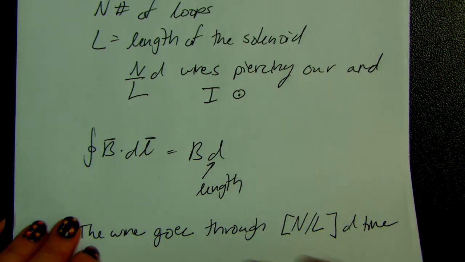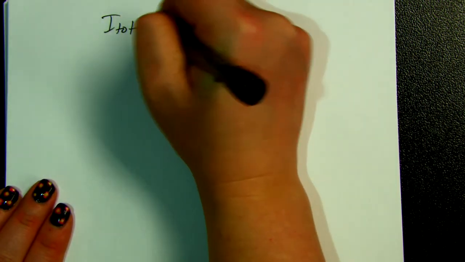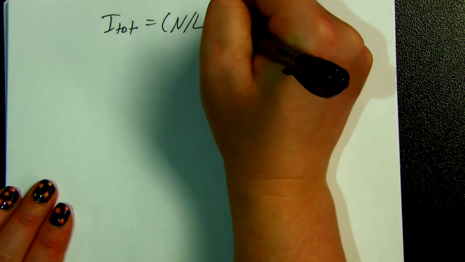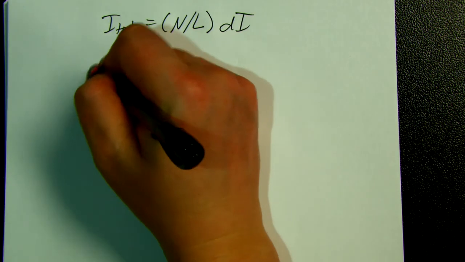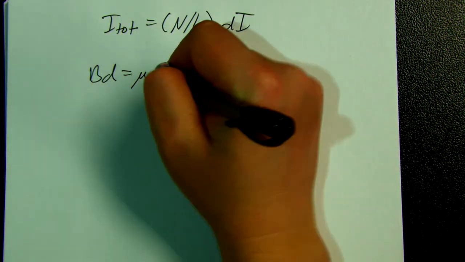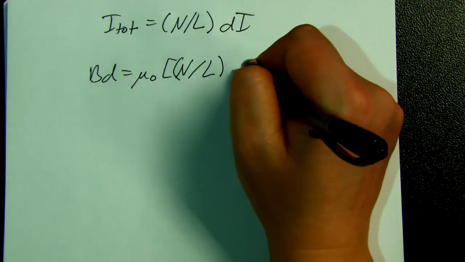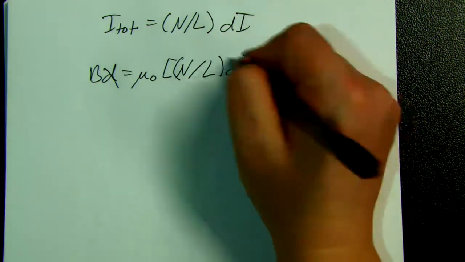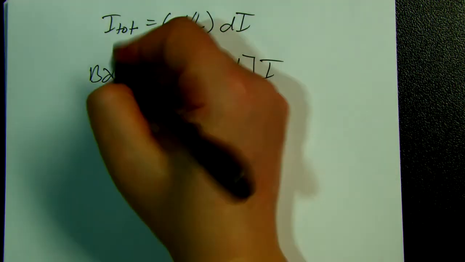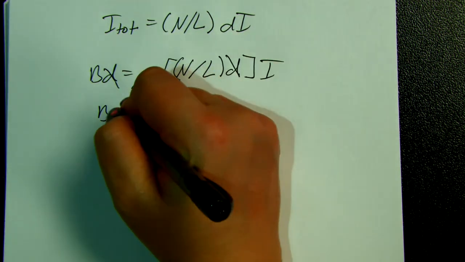So I total is equal to N over L d I. So we have Bd is equal to mu naught N over L d times I, and these cancel, which is good because you don't want this expression to depend on something arbitrary that you have introduced.